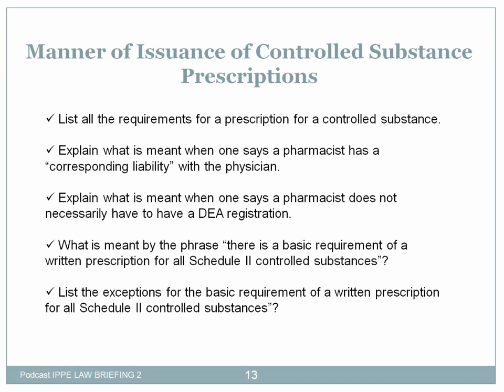They shall bear the full name and address of the patient, the name, strength, dosage form, quantity prescribed, directions for use, and the name, address, and registration number of the practitioner. All that information is required to be on a prescription issued by a practitioner for a controlled substance.